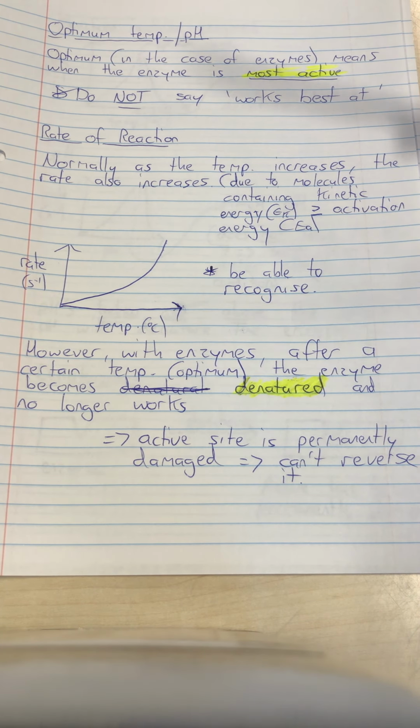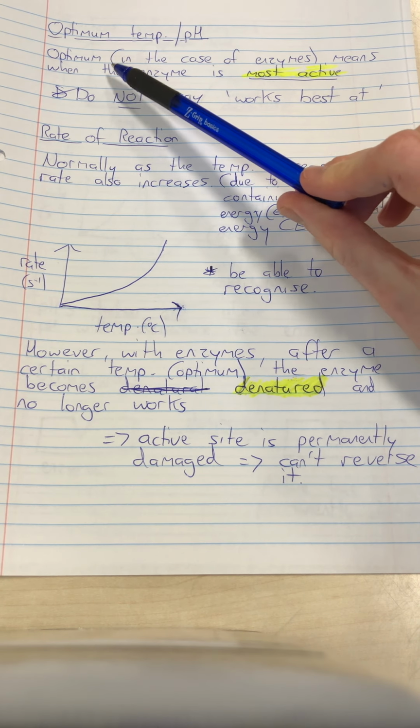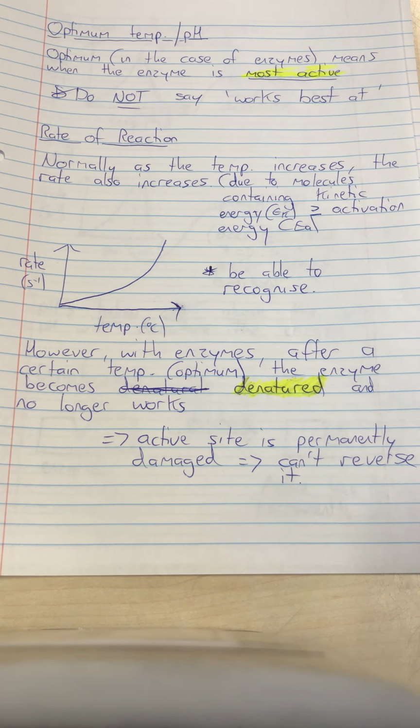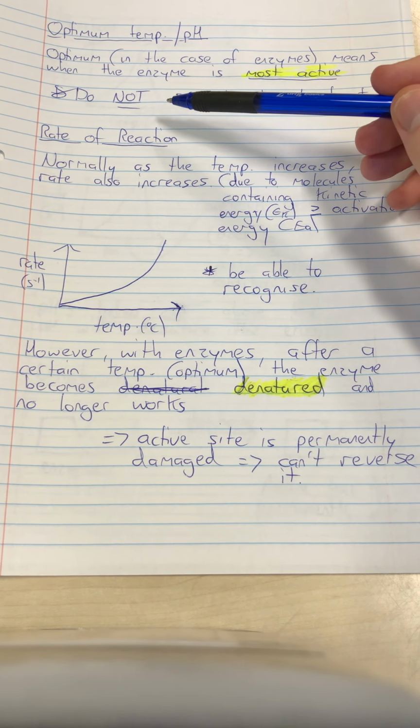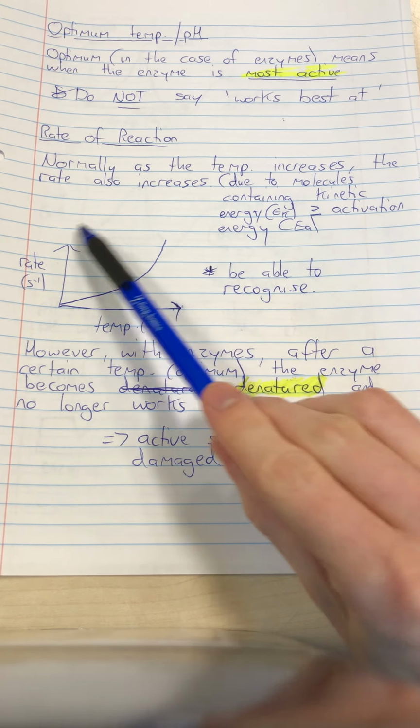Next thing we spoke about optimum temperature and pH. It is important. In the case of enzymes, we're not talking about the optimum, like where it works best. We're talking about the enzyme being most active. Rate of reaction, you need to be able to recognise that.